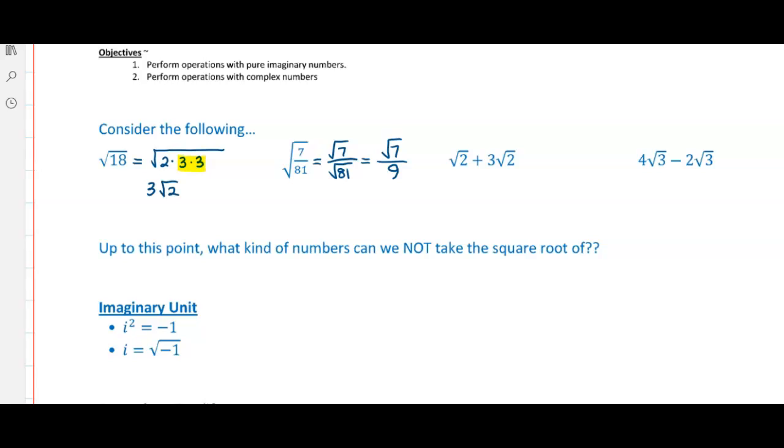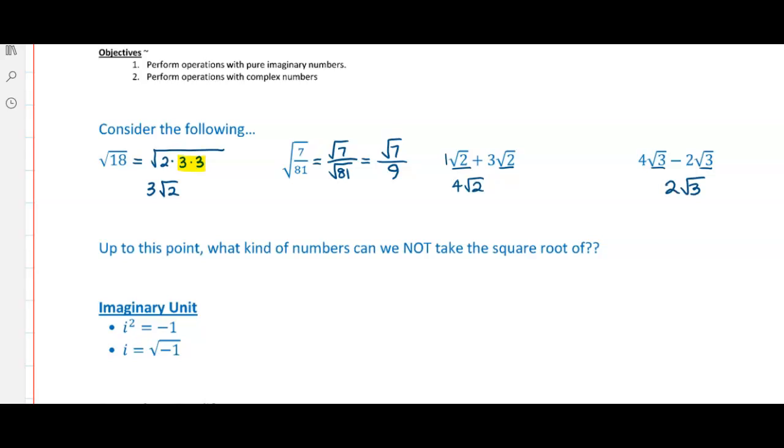When we're adding radicals, as long as the number inside the radical is the same, we just add the coefficients and keep the radical. Same thing when subtracting. We are allowed to subtract two numbers with radicals as long as the numbers under the radicals are the same. 4 radical 3's take away 2 radical 3's leaves us with 2 radical 3's.